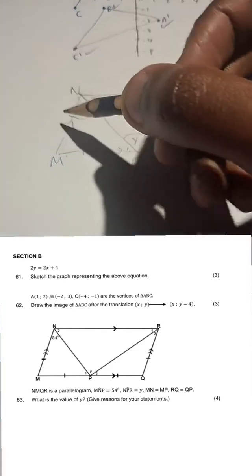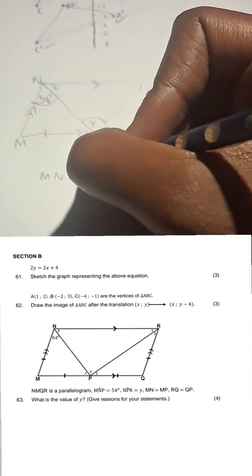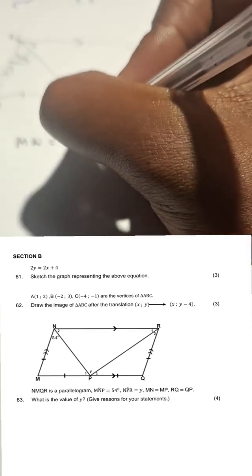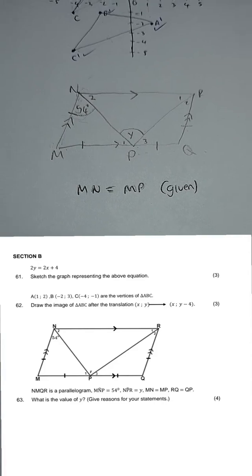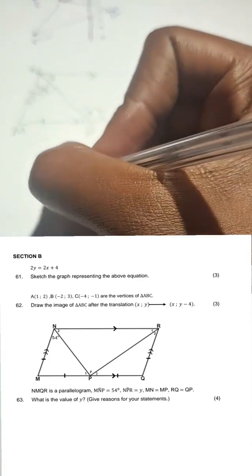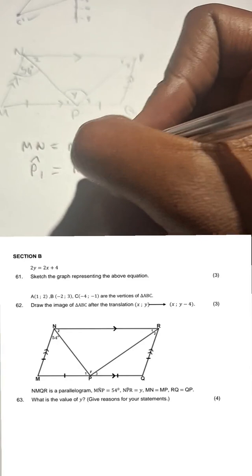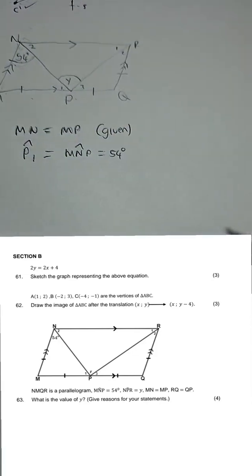We were told that MN is equal to MP. This is given to us. This is equal to that, so therefore angle P1 is equal to angle MNP, which is equal to 54 degrees.